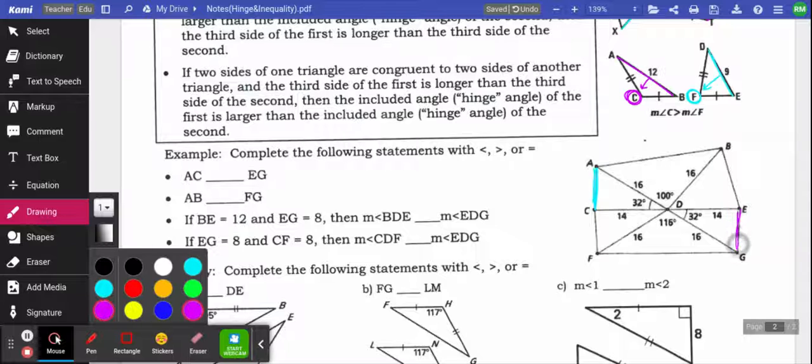We look at the angles opposite. They're both 32 degrees. So what symbol are we going to put in between these two? Equal sign. Good.